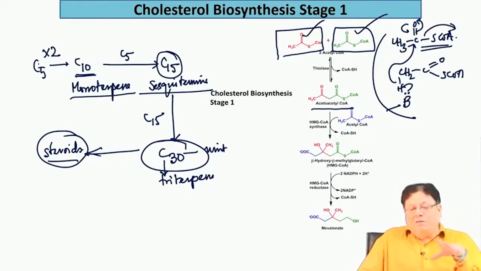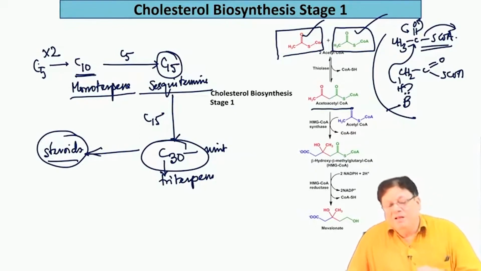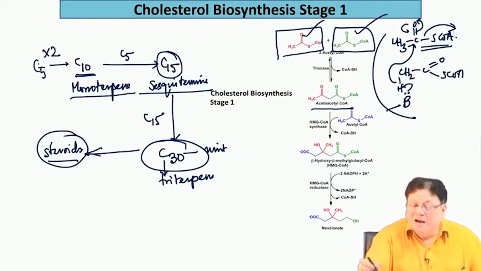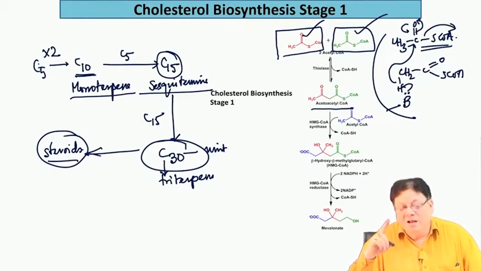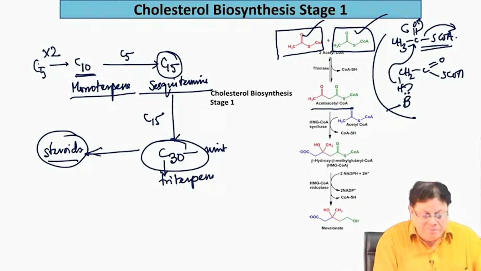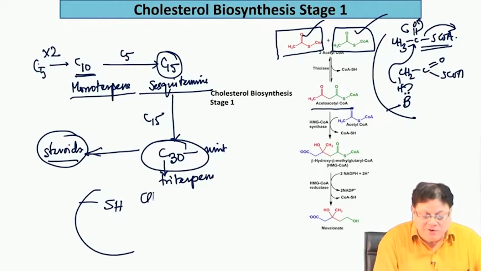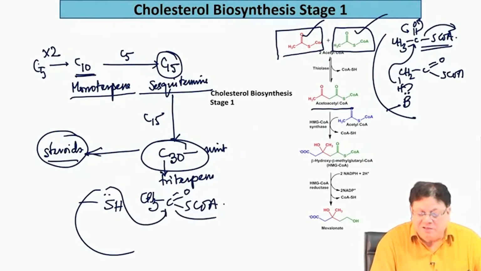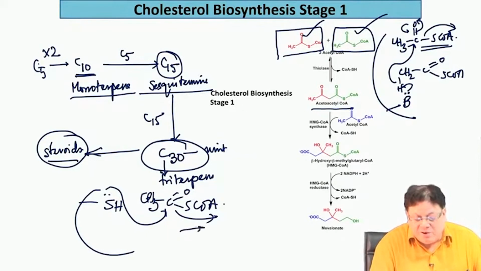However, the actual mechanism is slightly more complicated in the sense that the first attack onto an acetyl CoA takes place by a cysteine sulfur. That means the enzyme is like this, SH. So, that first displaces the thioester, this acetyl CoA is first displaced. So, you get CH3CO and I can write this S-enzyme.